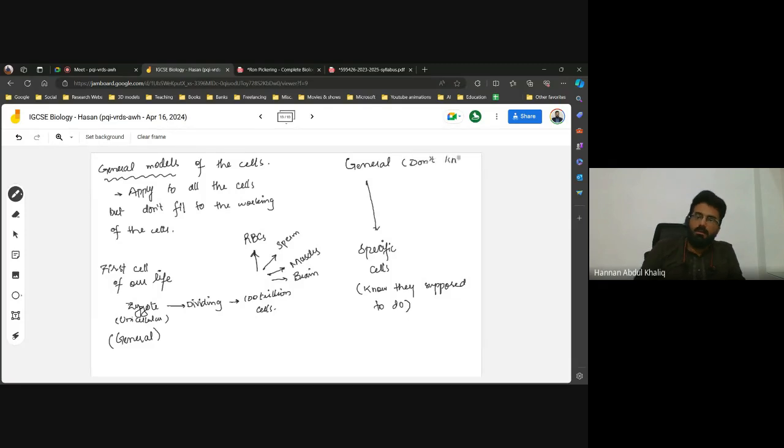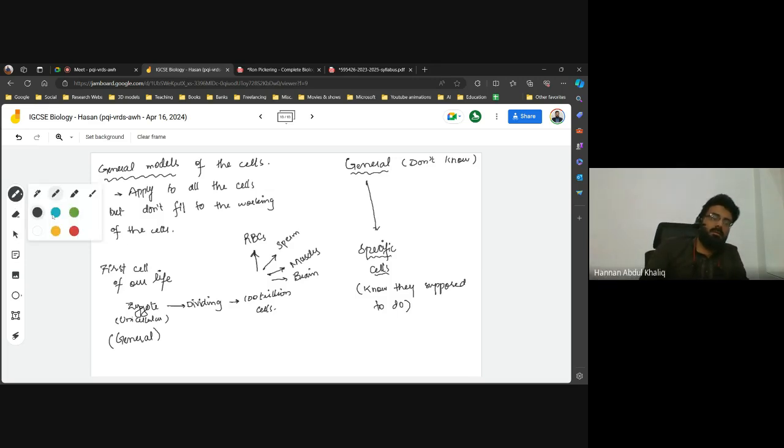They don't know what they're supposed to do, but specific cells do. What happened on the path from a general cell to a specific cell that the cells suddenly started knowing what they have to do? Am I a brain cell? Am I a liver cell? I am a red blood cell. I am a muscle cell. What made them determine their duty?